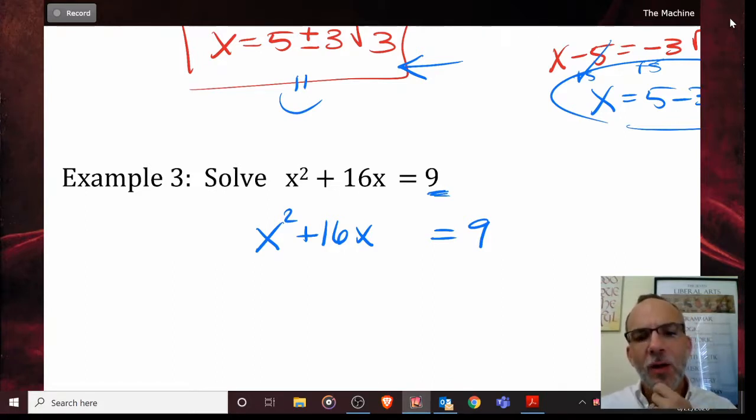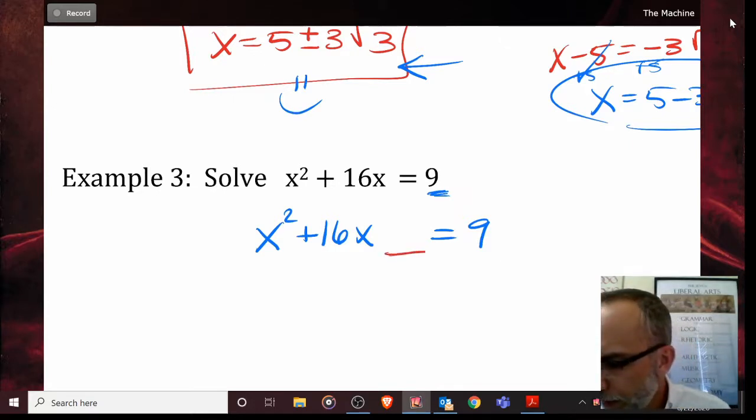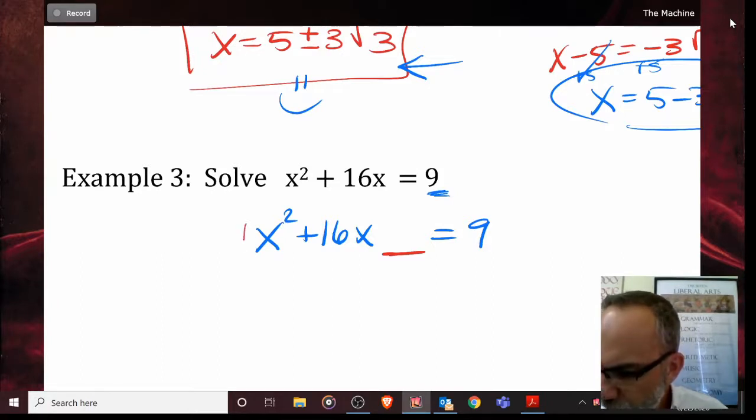What can I add in here in red in order to make it a perfect square trinomial? And maybe you remember this from an earlier lesson. When my coefficient on x is 1, which it is, we'll do one in a moment where it's not, I can take half of my b term.